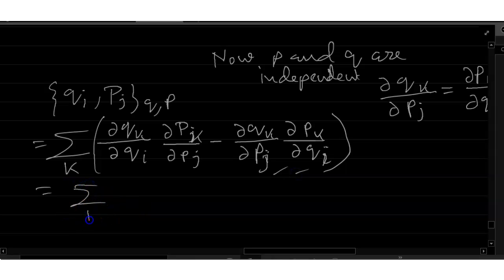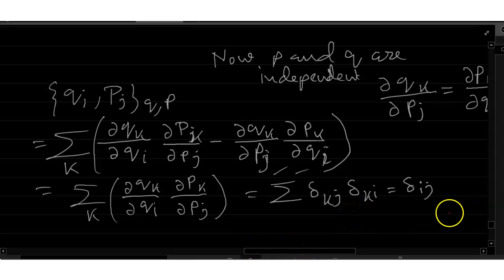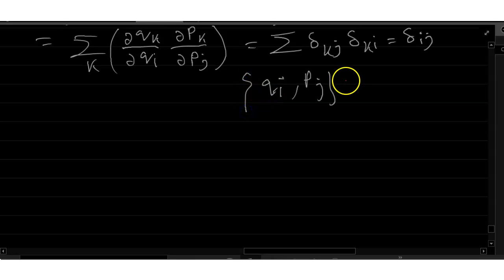So the sum over k of ∂q_k/∂q_i and ∂p_k/∂p_j can be written as the sum of δ_kj into δ_ki, which equals δ_ij, equal to 1 if i equals j and 0 if i does not equal j.